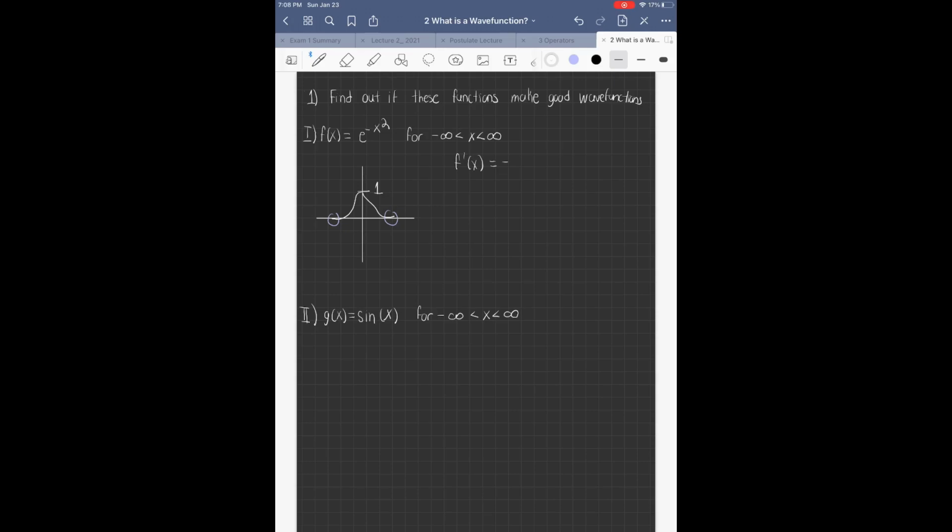This would be negative 2x, which is the derivative of negative x squared, times e to the negative x squared.